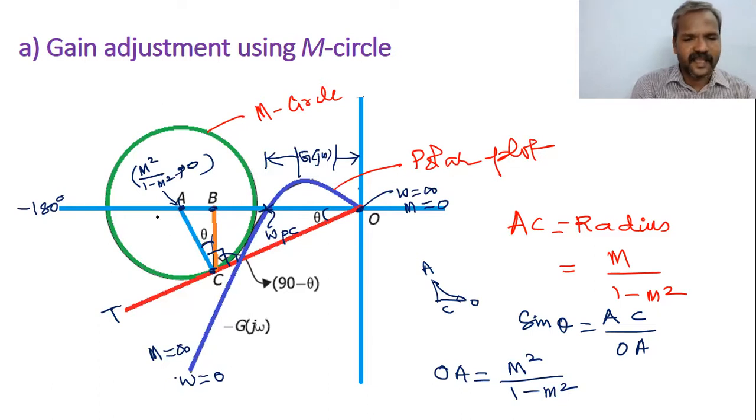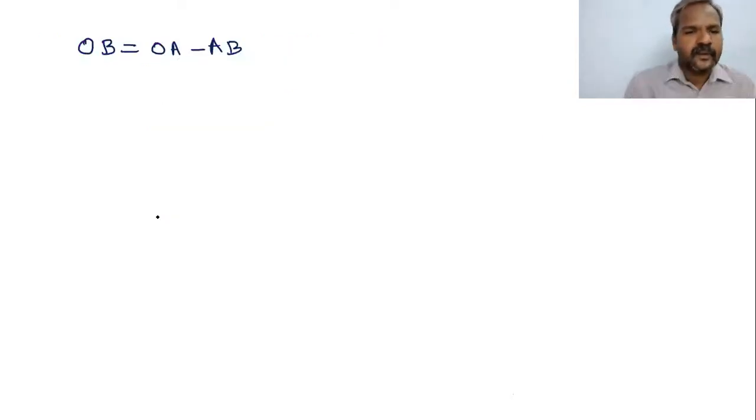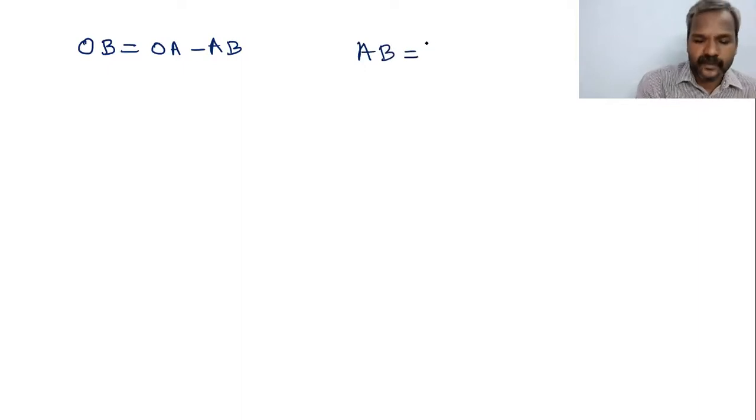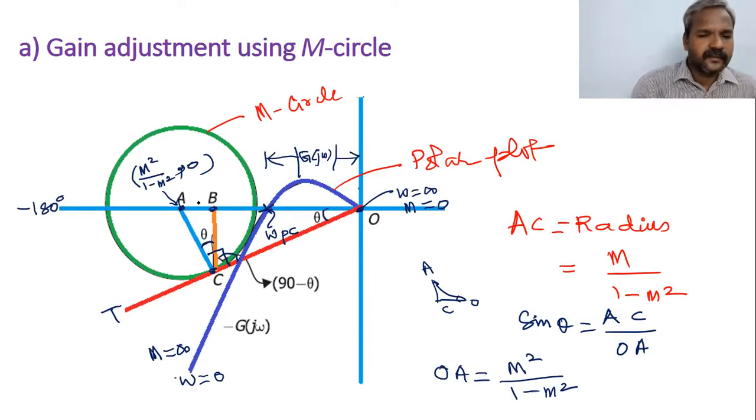According to this triangle, what is AB? AB equals OA, AC, this is the opposite side, so AC sine theta.